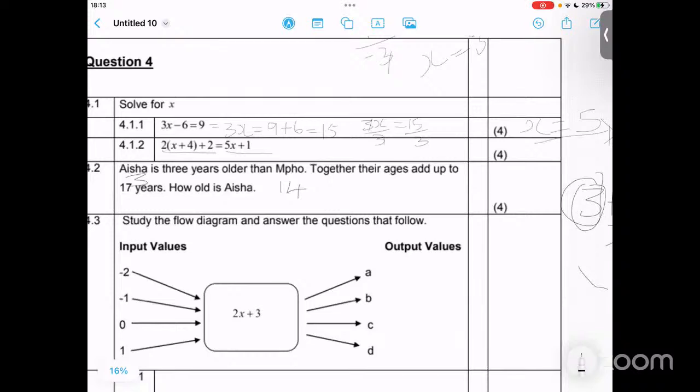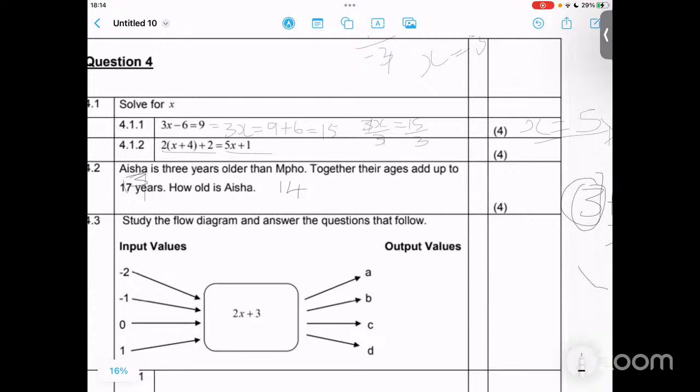Now is 14 older or higher than 3 with 3 years? Ma'am, I think we're gonna add 3 to 14 to get Asia's age. So I think her age is 17. You think her age is 17?